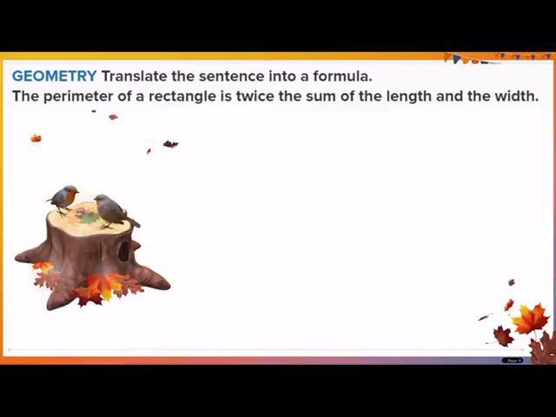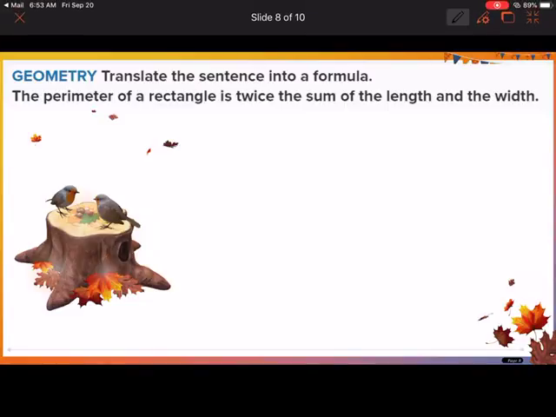Okay, translate the sentence into a formula. The perimeter of a rectangle is twice the sum of the length and the width. So, perimeter and rectangle. The first thing I'm going to do is draw a rectangle.